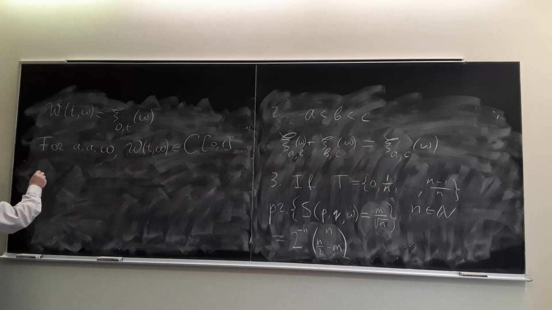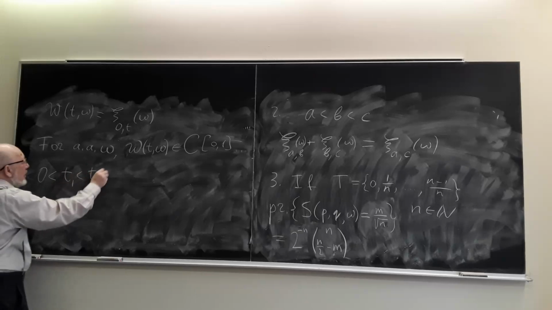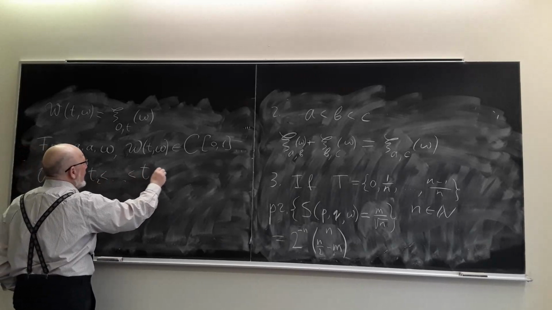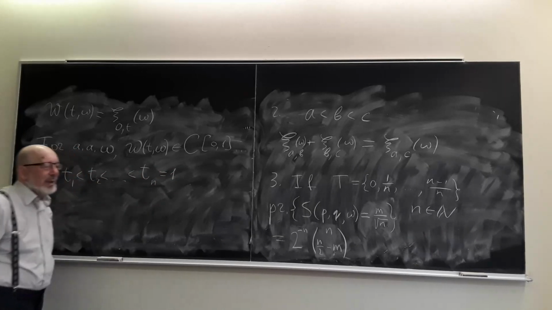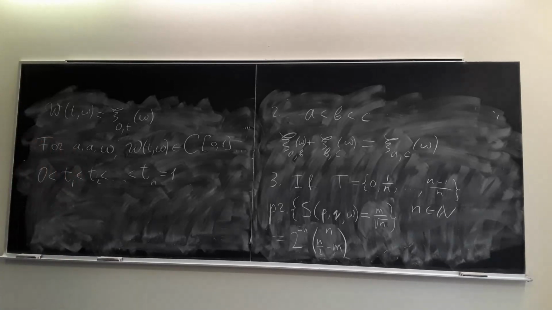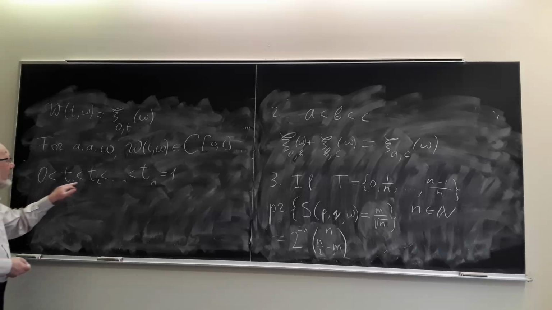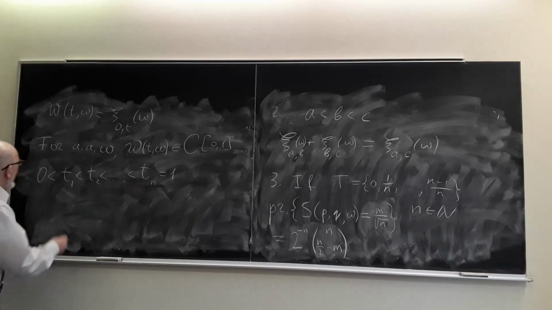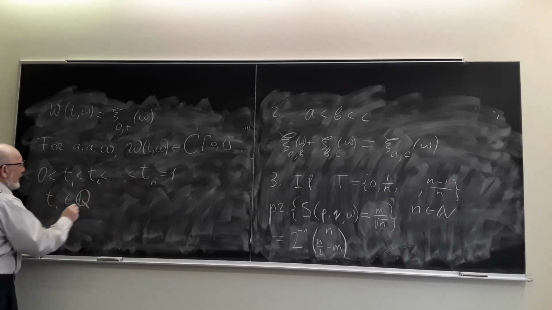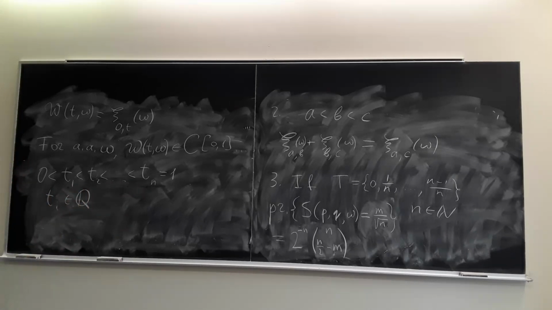Let us take t_n equals 1. So we have this partition, just take a partition, t_i rational.